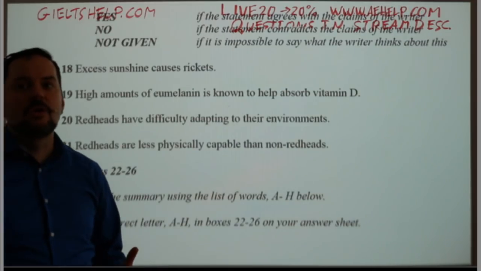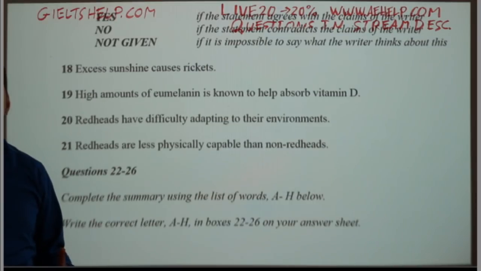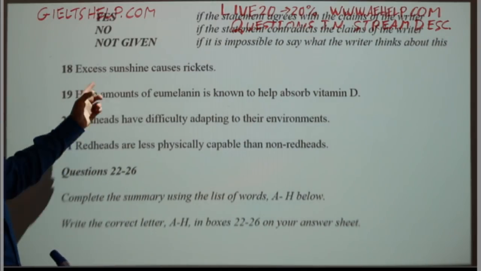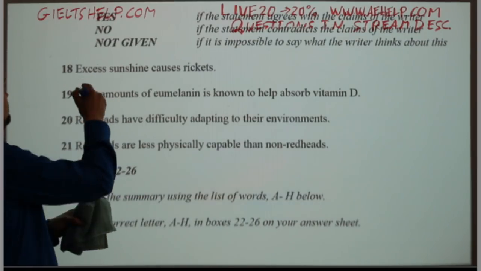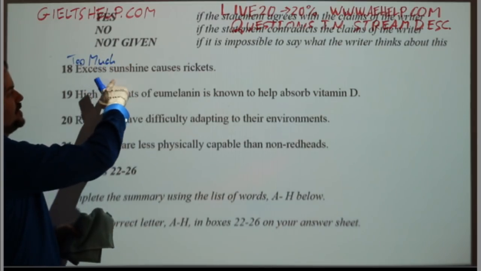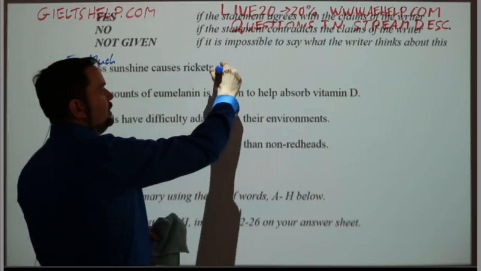You got to ask a question. Is it important for the topic? Right? So is it related to the topic of this passage? Is it important? Right? So, excess, which means too much, okay? Too much sunshine causes rickets. Is it important?